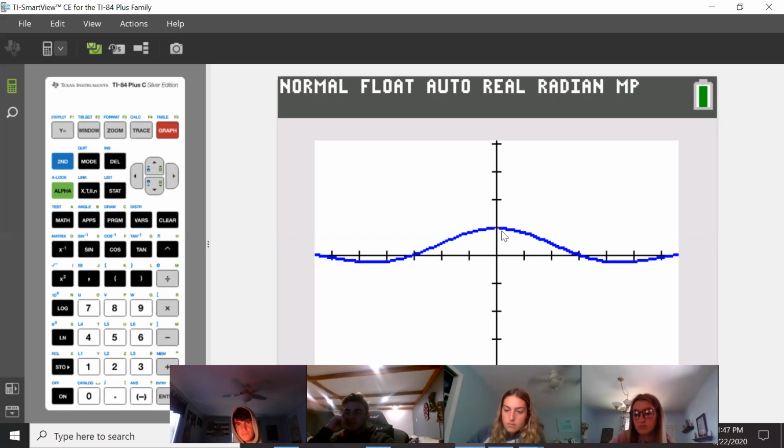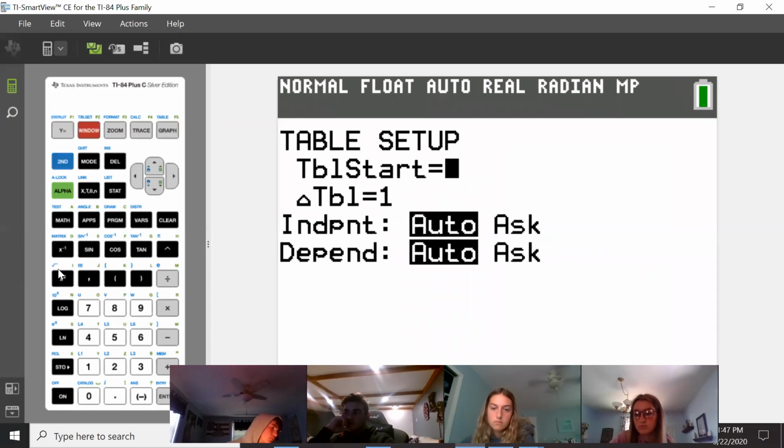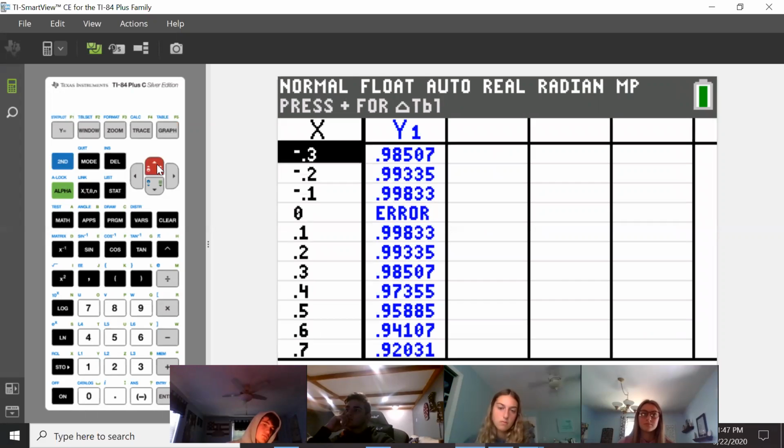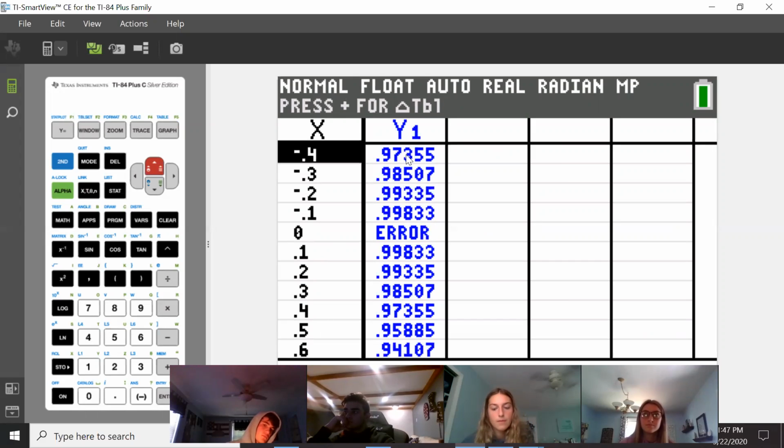So they have a table in the margin on page 60. So we show you the same thing. You get an error message at 0. But here these numbers, starting at -4/10, are getting higher towards 1.